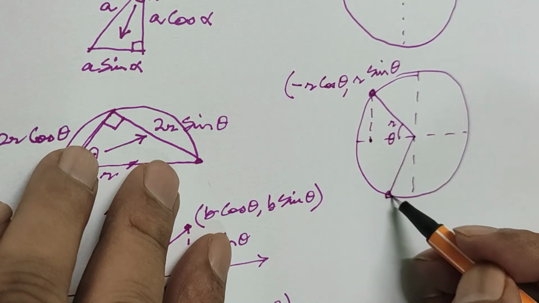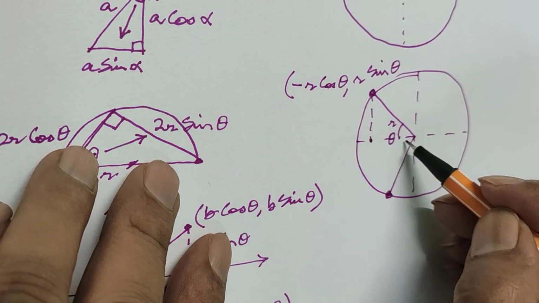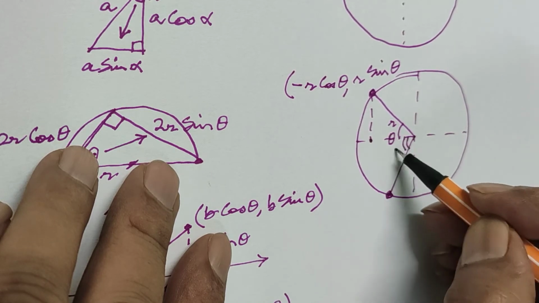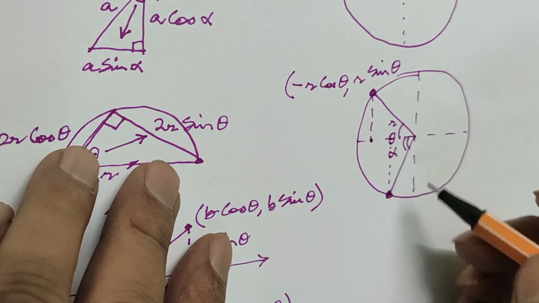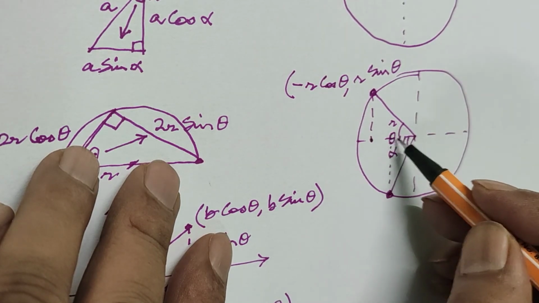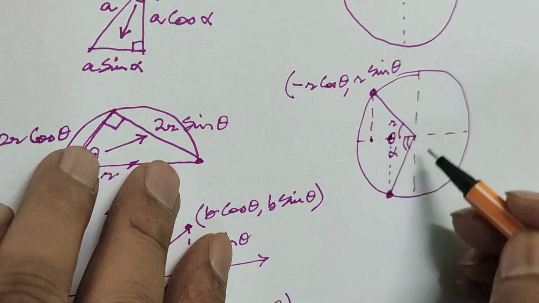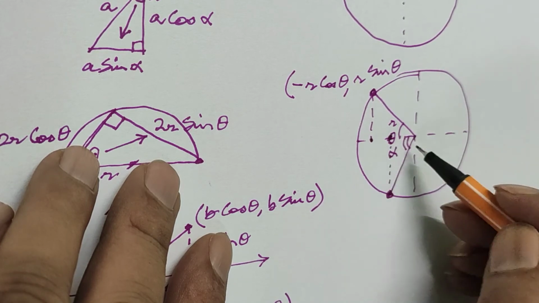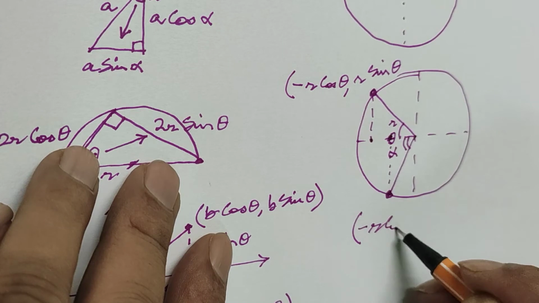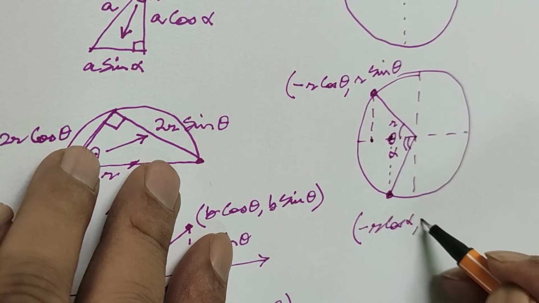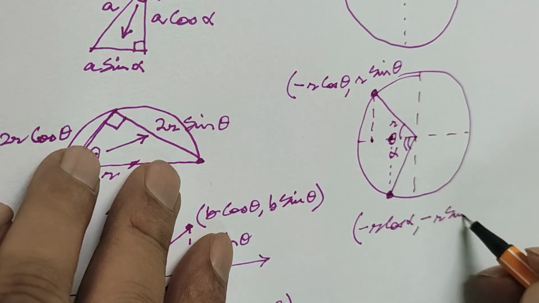and we have to find the coordinate of this point. Let's say this angle is alpha. If I drop a perpendicular here, we get R cos alpha and R sin alpha, but both are in the negative, so this will be minus R cos alpha, minus R sin alpha.